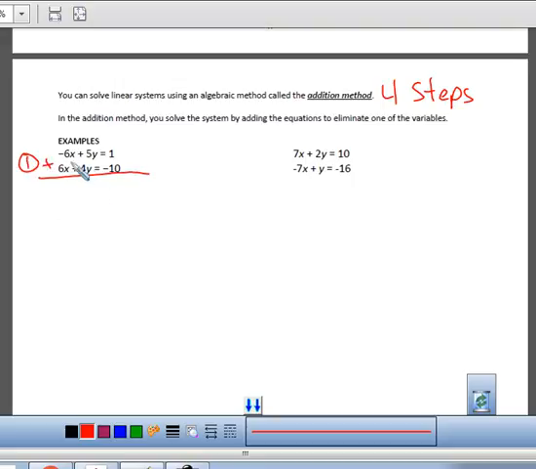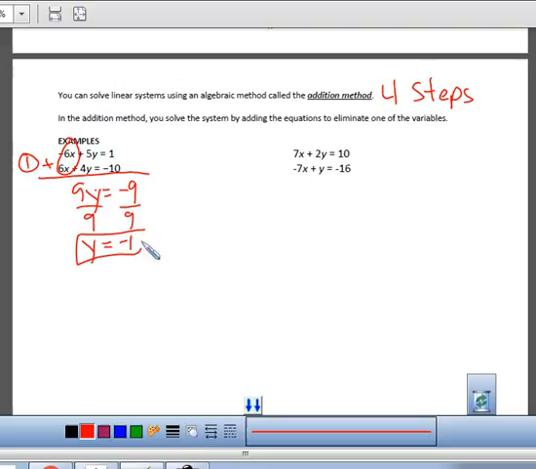And the reason I can add them is if you look and you notice you have a negative 6x and a positive 6x. And when you add them, those zero out. 5y plus 4y is 9y. And 1 plus negative 10, or 1 minus 10, is negative 9. So now that I've gotten rid of x, I can solve for y. So divide both sides by 9, and you get y is equal to negative 1.